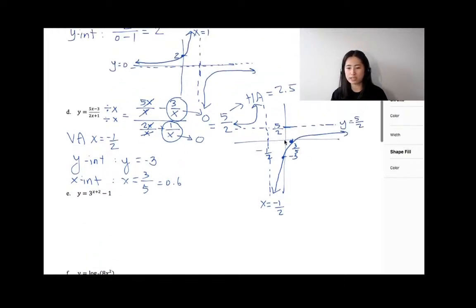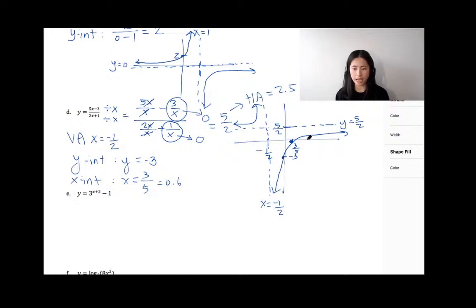And the same thing applies here. Say, for example, you're unsure, even though you have your x and y intercepts drawn. If you try to find a number, since we used 3 over 5, which is 0.6, you can pick 1, right? If you pick 1, maybe we can plug that in right now. If you have 5 times 1 minus 3, so plug in 1 to your function y, and then you have 2 times 1 plus 1.